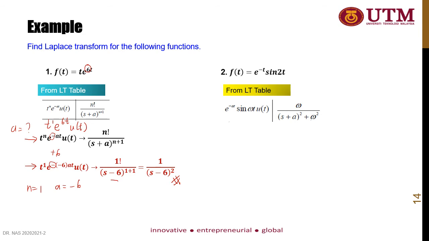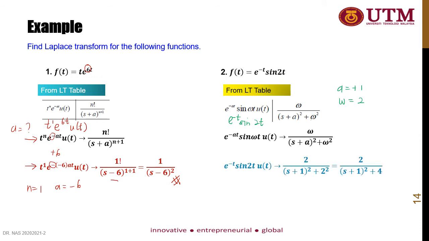In this case, your a is equal to positive 1 and your omega equal to 2. So you can simply replace all parameters by the values you have. Now you have the F(s) equal to this.